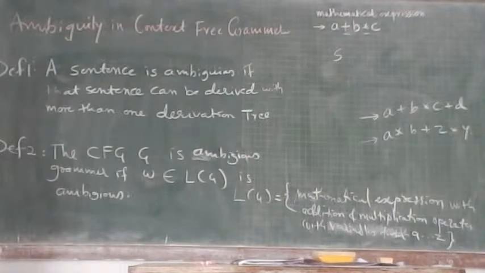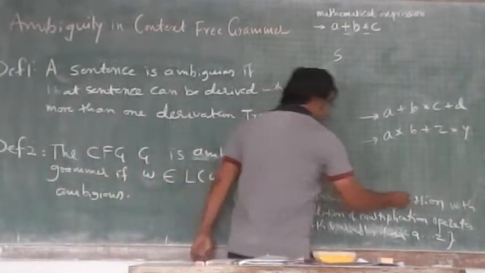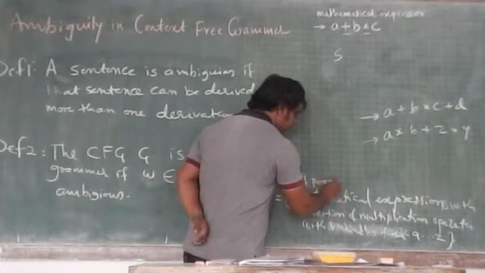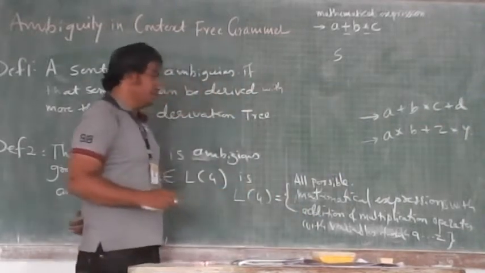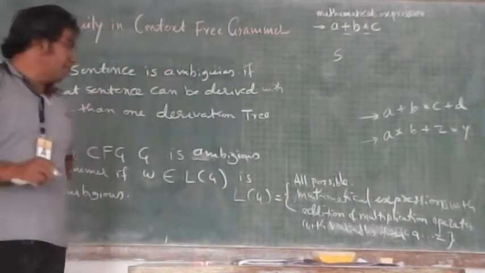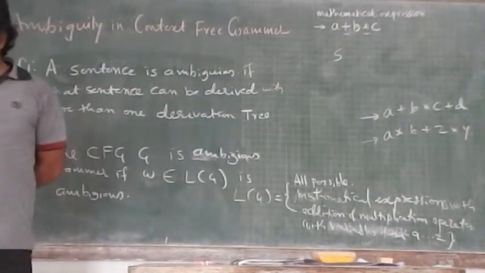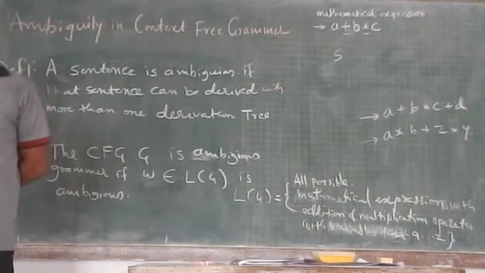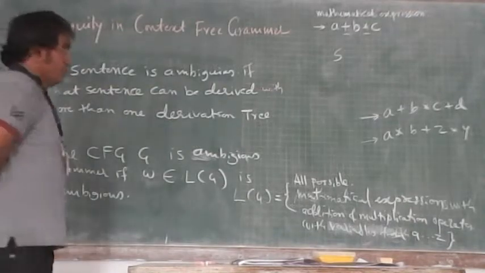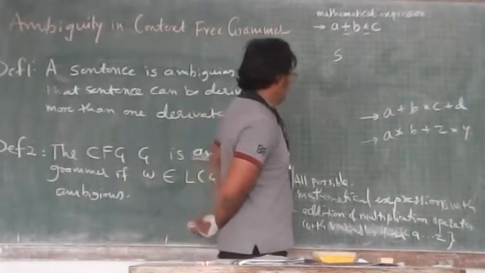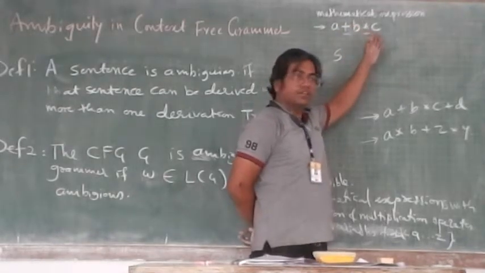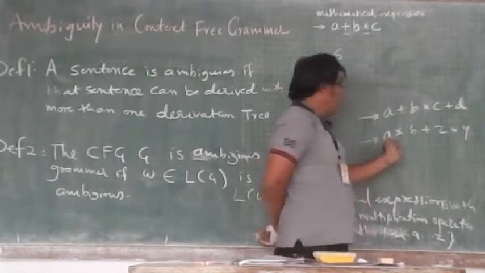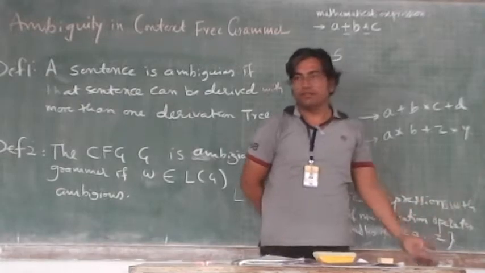Language is a mathematical expressions, or you can say all possible mathematical expressions with addition and multiplication operator, and variables involved in that expression are from A to Z. So the example mathematical expression here I am having A plus B into C. Another way I can have A plus B into C plus D, A into B plus Z into Y, this way.